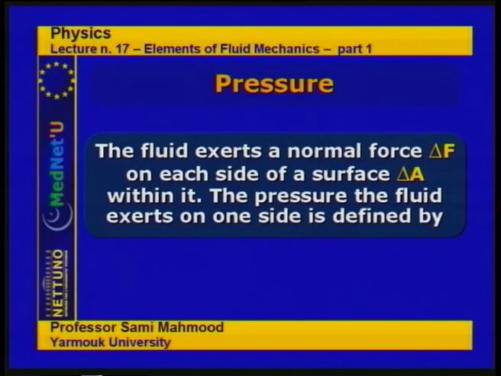And the definition of the pressure is that the pressure that the fluid exerts on the element of area on one side of that area is equal to the magnitude of the force delta F divided by that area, delta A. So delta F by delta A is equal to the pressure.